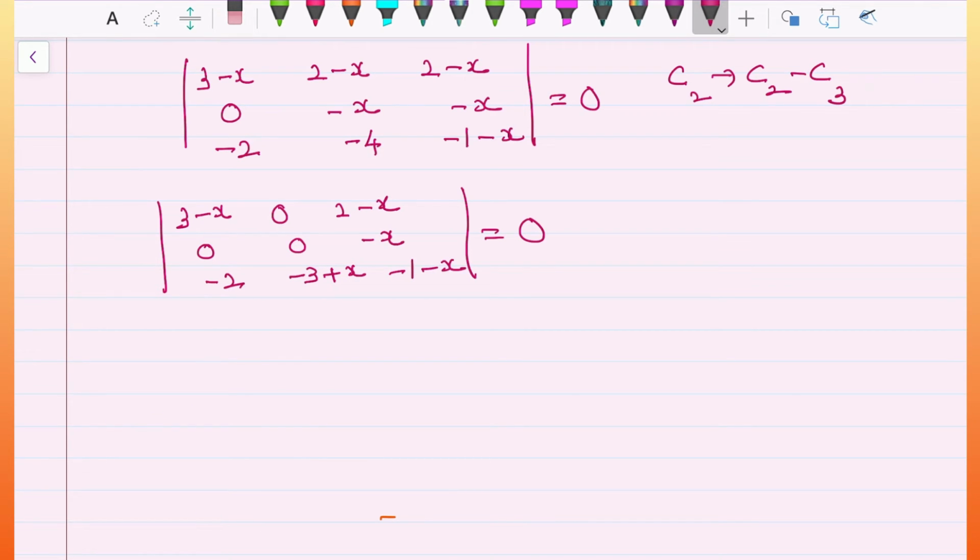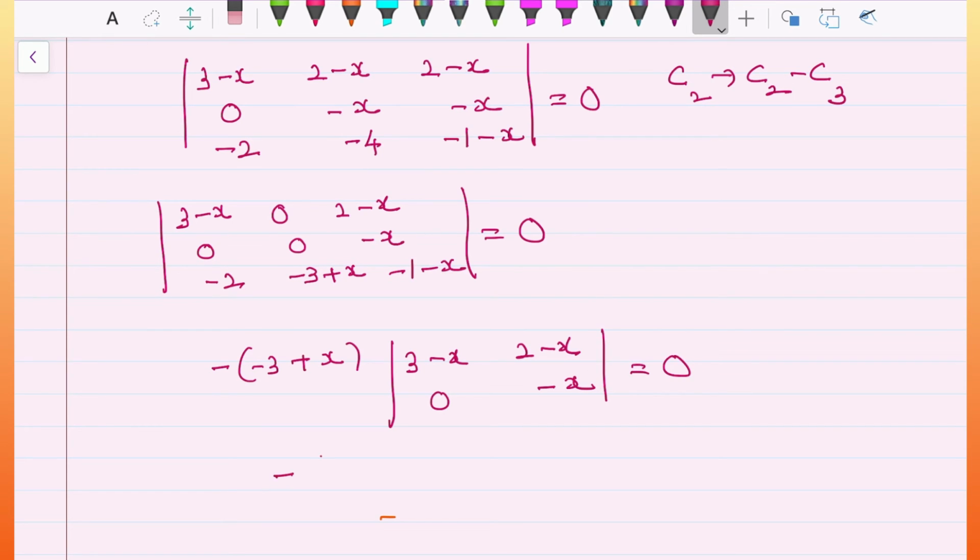If I expand by the second column, this reduces to minus of minus 3 plus x, because you know there's alternate plus and minus signs. The determinant is 3 minus x, 2 minus x, 0, minus x equal to 0.